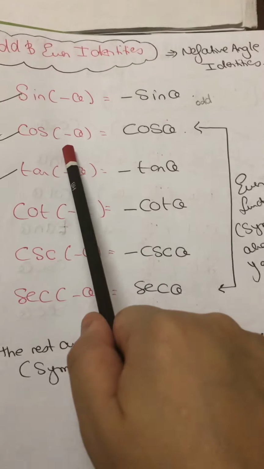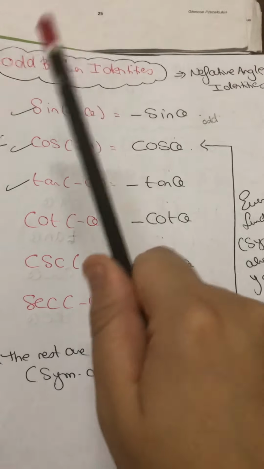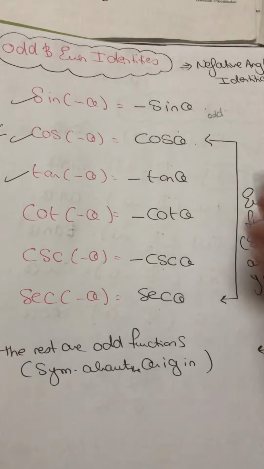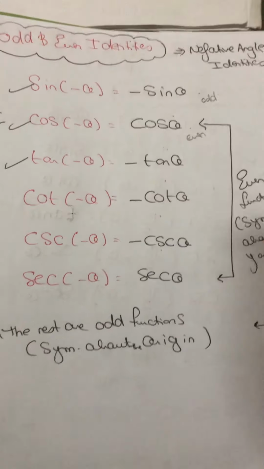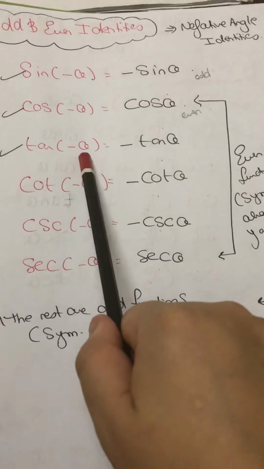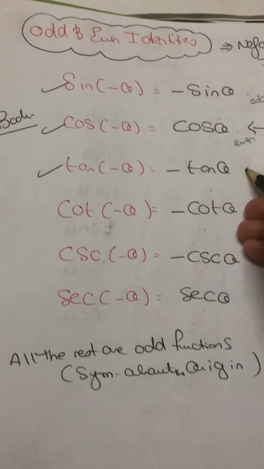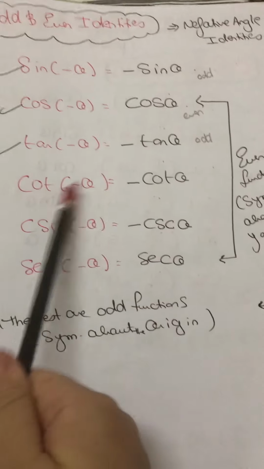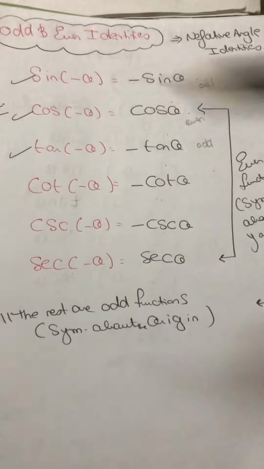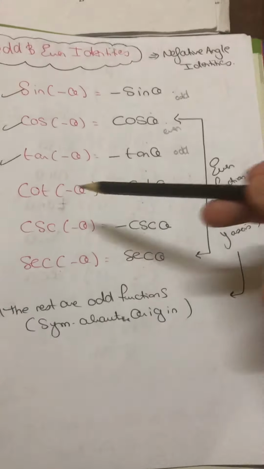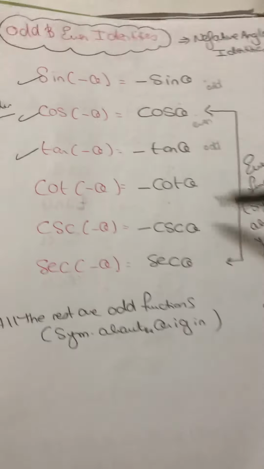While cosine negative 45 was equal to cosine 45 and cosine negative 30 was equal to cosine 30 because this is an even function, unlike tan negative theta, which is equal to negative tan theta because it's odd, and cotan negative theta. These three are not in your book but they are with us, inshallah. Cotan negative theta is equal to negative cotan theta because it's an odd function, while cosec negative theta is equal to negative cosec theta because it's an odd function, symmetric about the origin only.